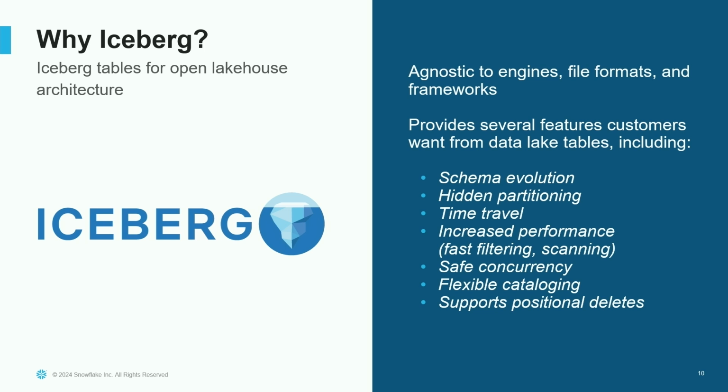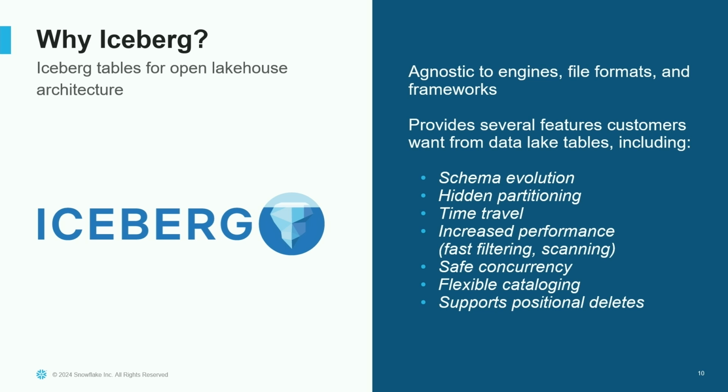We'll see it in a demo as well. It doesn't require explicit partitioning. All the partitioning is hidden, meaning it's, again, a metadata operation. So today, if you partition your data by day and tomorrow you want to move it to weeks or months, Iceberg supports that through just a metadata operation.